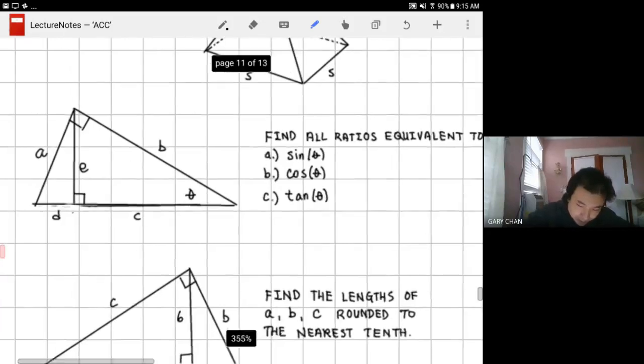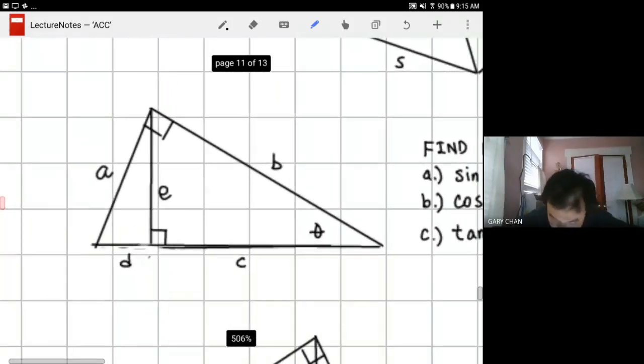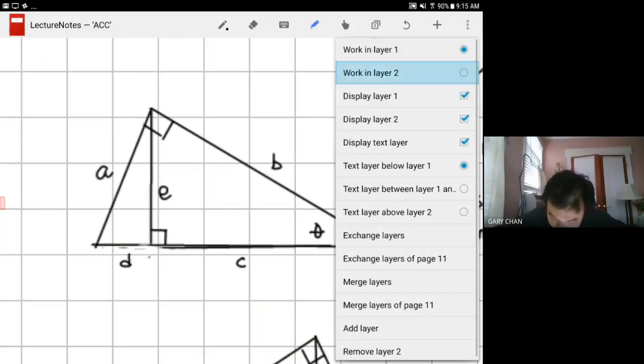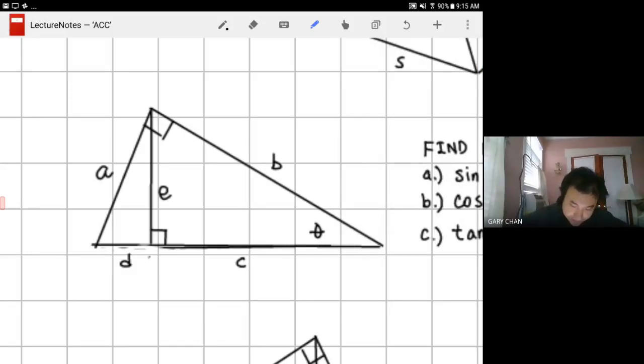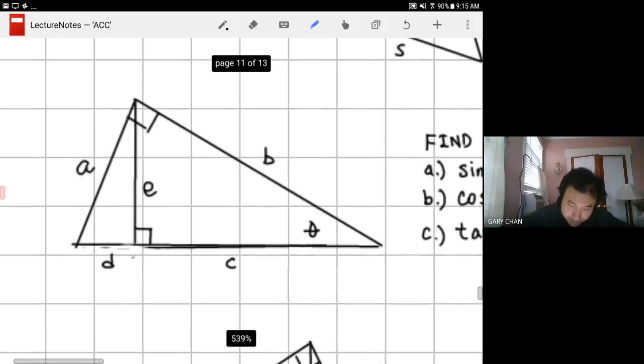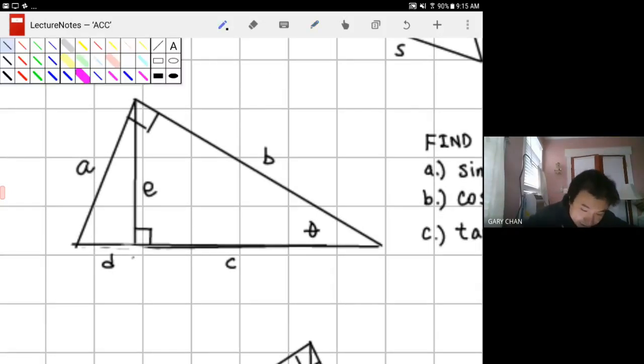So let's observe for a moment. I have this triangle, and I'm going to ask everyone to think about this, okay? This triangle here is very, very general. Let's say, hypothetically, if theta was 30 degrees.